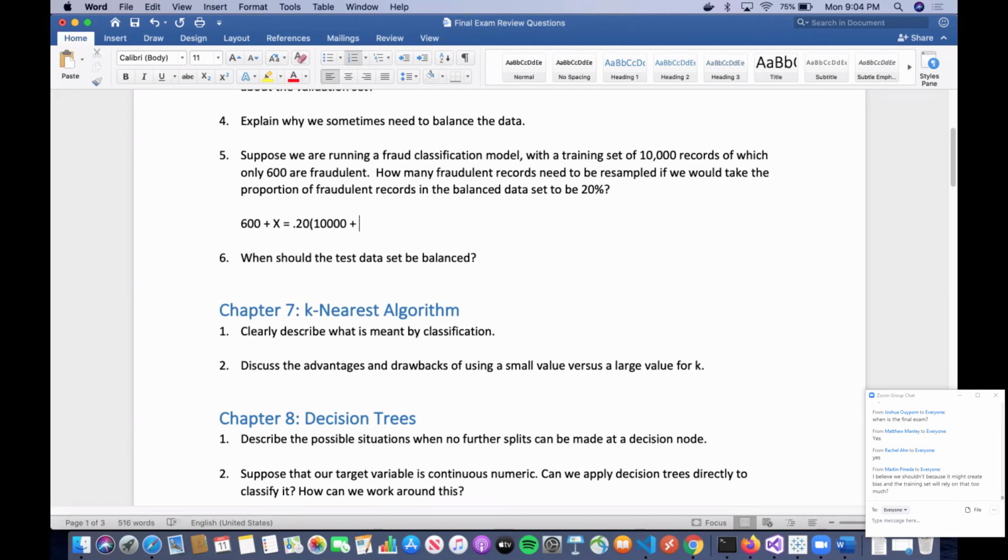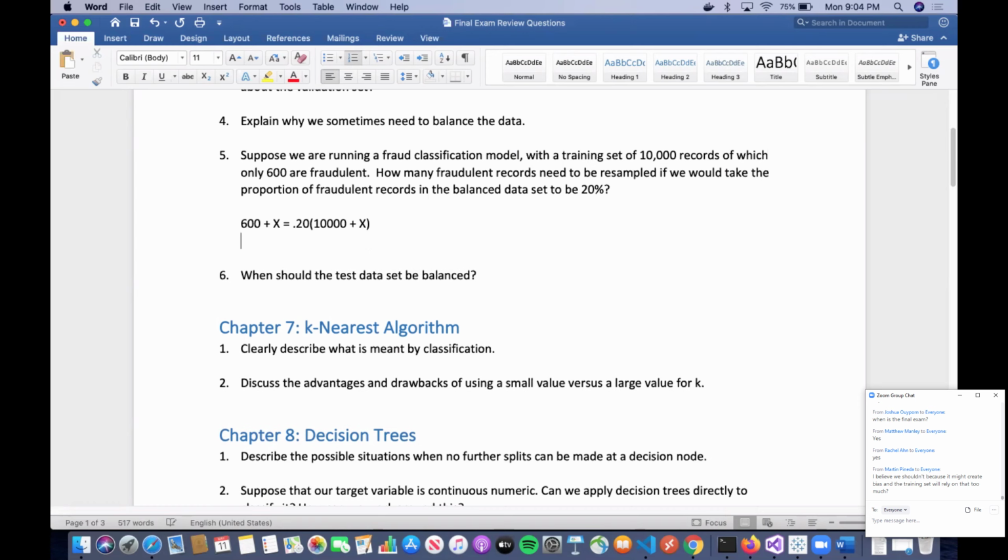So you can then solve the above equation, and this will be something close to 600 plus x equals, when you multiply that, 2000 plus 0.20x.